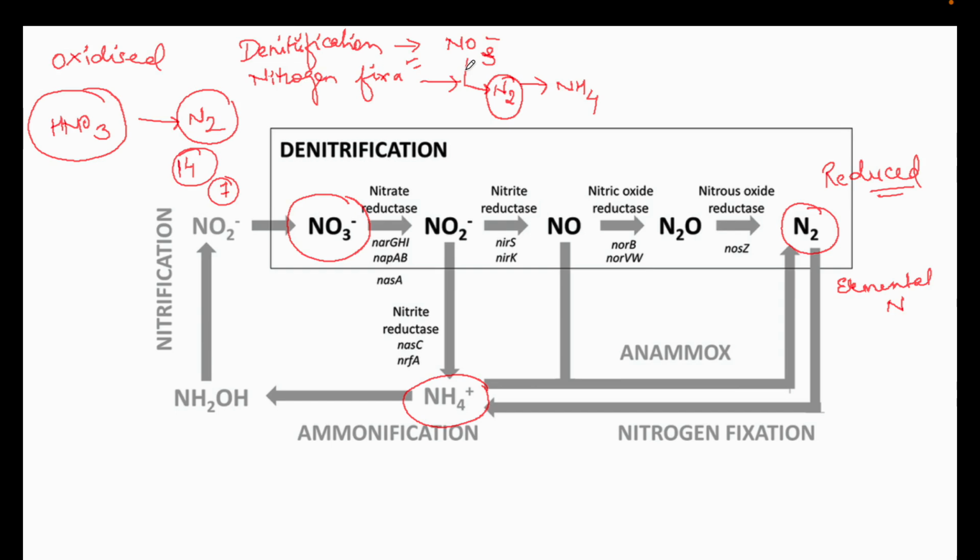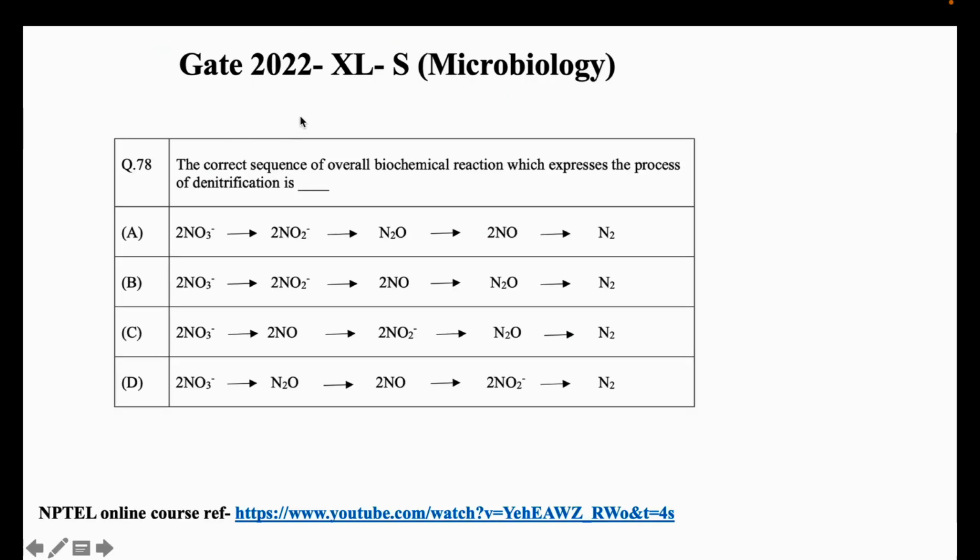So they have asked about the denitrification process. In order to answer this question, what is the correct sequence of the overall biochemical reaction in the denitrification process, you need not remember the overall pathway. You just need to remember that from the most oxidized nitrogen we get to the elemental nitrogen, and this process is denitrification.